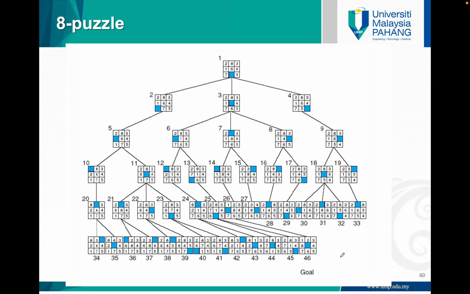Okay, from here to the middle, change the position of the blue box with 6, and then change with number 8, and then from here we change the position of the blue box with number 2, and then we change the position of the blue box with number 1, and finally we will have the goal here, where the numbers are in order of 1, 2, 3, 4, 5, 6, 7, 8, and the blue box in the middle.